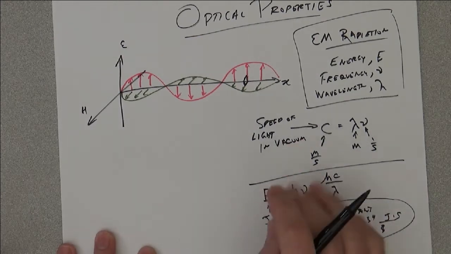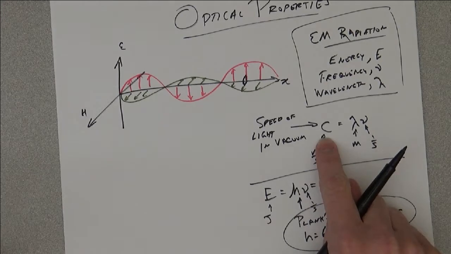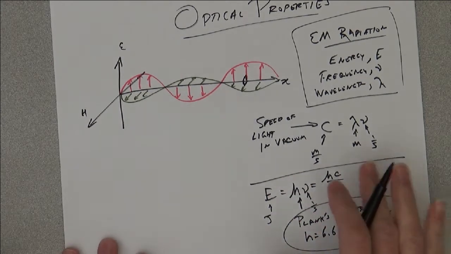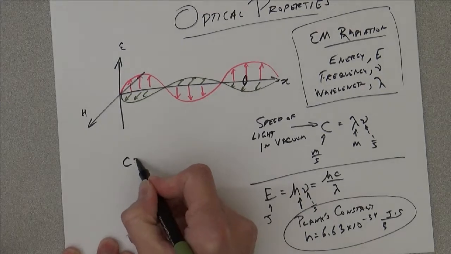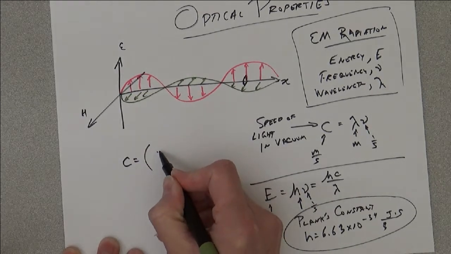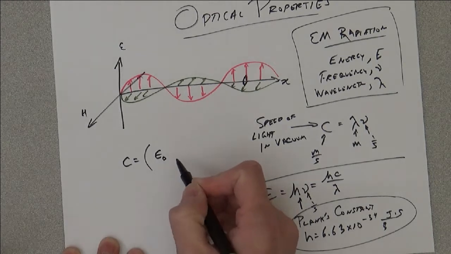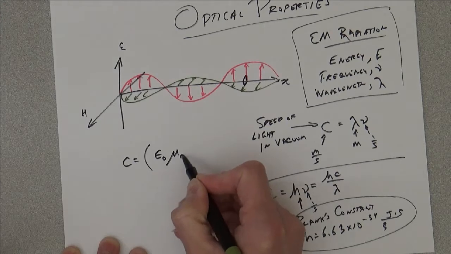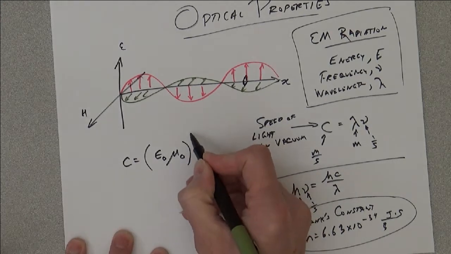The speed of light in vacuum can also be related to the behavior of electrical and magnetic fields in vacuum. In particular, it is related to the permittivity of vacuum, and the permeability.